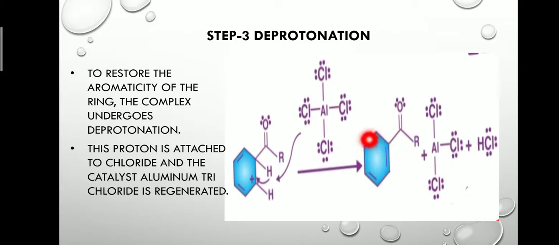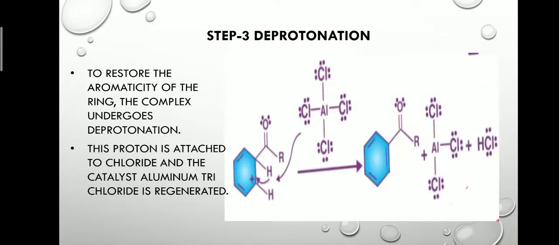So the ring regains its aromaticity and forms a ketone, and this proton goes away with the chloride, which was formed in the complex, and once again the catalyst is regenerated. So in the third step, deprotonation takes place, which regains the aromaticity, and the regeneration of the catalyst takes place.